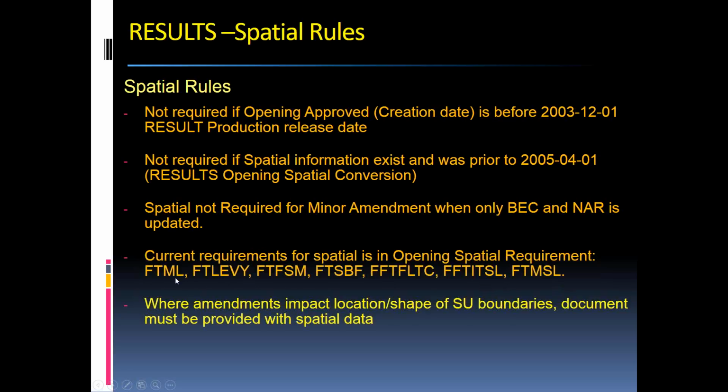So these are opening categories where systematically, if you're creating a new opening, there will be an edit check to ensure that you are providing the SP map. And really, at the end of the day, when we're doing any changes, standards unit changes, where you're making modifications to the boundaries, the expectation is you have to do the submission through ESF, and you're going to provide that update with the map.